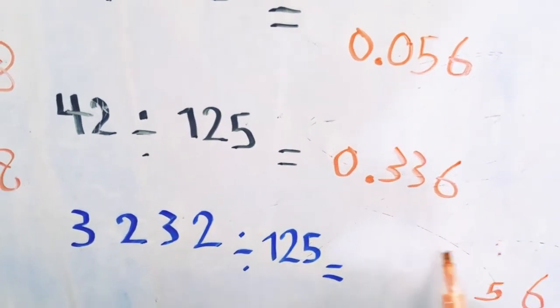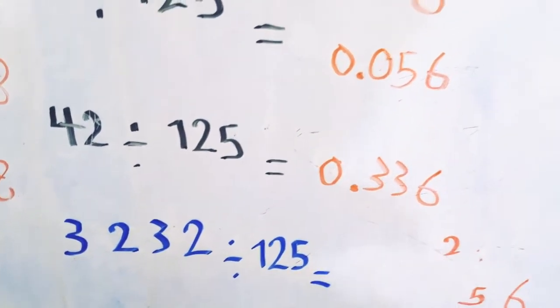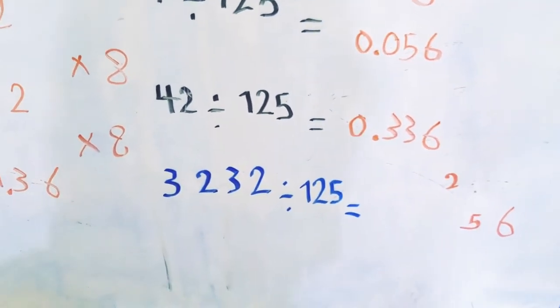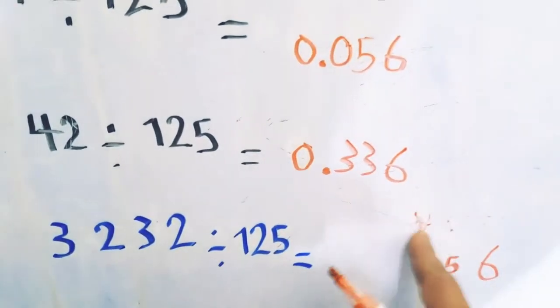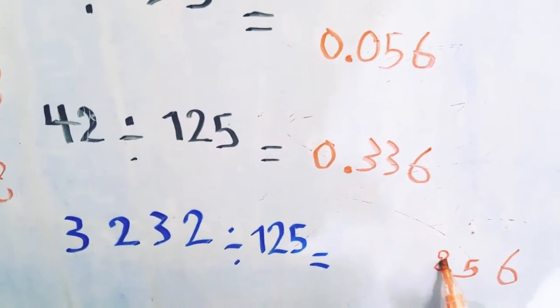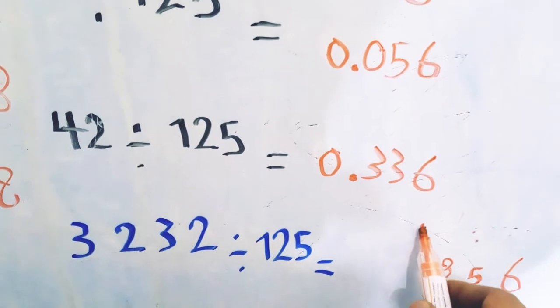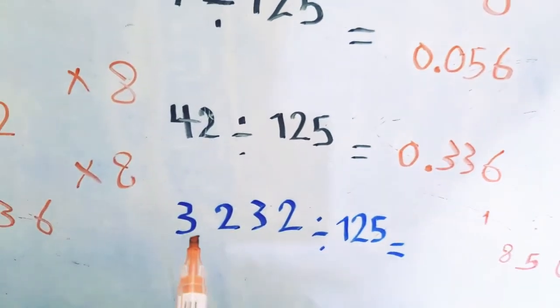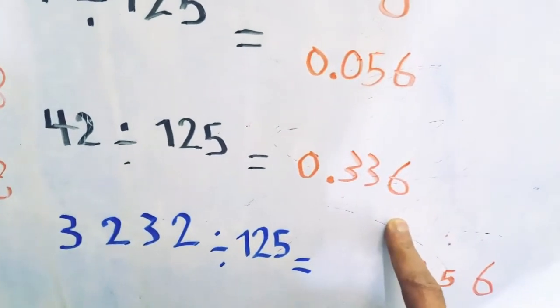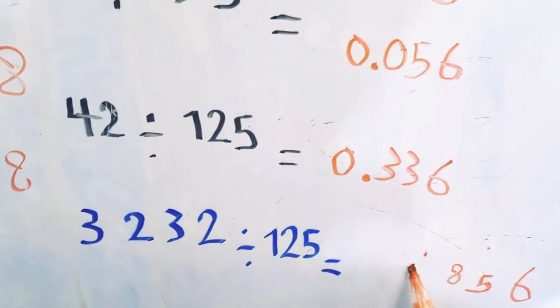We write 5 and carry 2. 2 times 8, 16. 16 plus 2 equals 18. We write it and carry 1. 3 times 8, 24. 24 plus 1, 25.